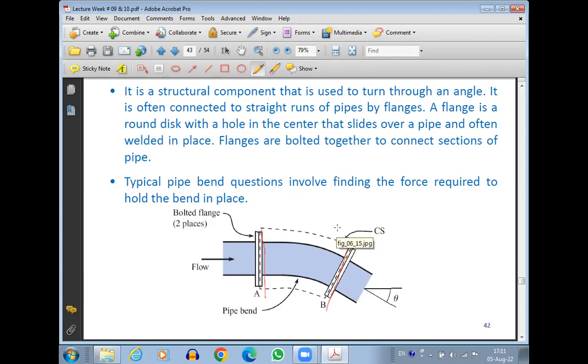While I'm trying to bend the motion of the fluid, the fluid will try to bend my hand at the same time. The same thing occurs here when the fluid is flowing through a pipe bend. The pipe bend is bending the motion of the fluid, but at the same time, the fluid is going to be exerting force over the pipe bend to push it out of the way. So the flanges are used to hold it in place.